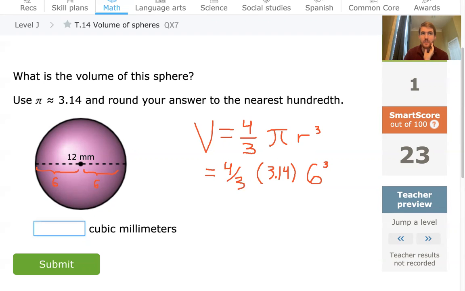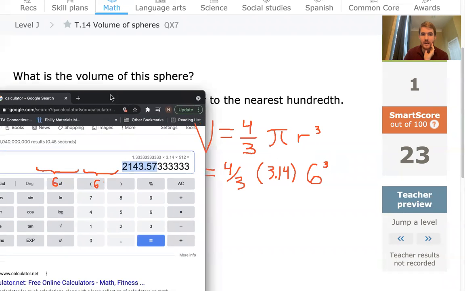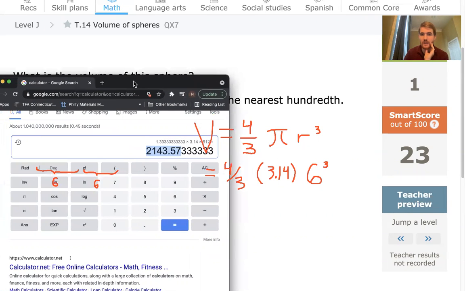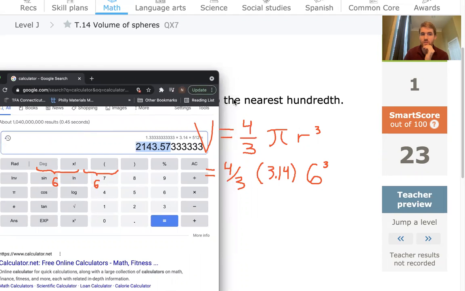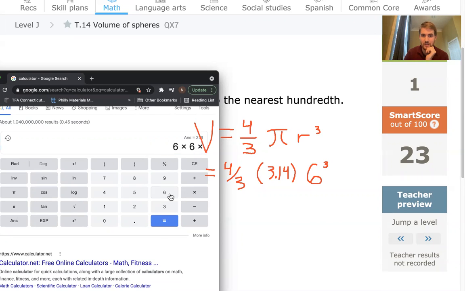Same exact steps as before. The only difficulty this time was we had to find the radius first. So let me erase that and let us do this math. First, we're going to do 6 cubed. Remember, that's 6 to the 3 or 6 times 6 times 6.